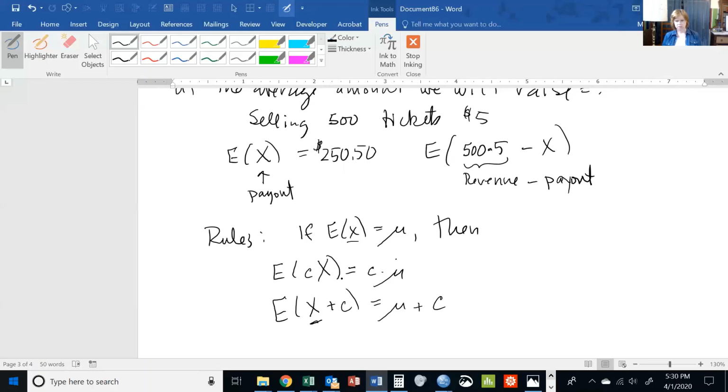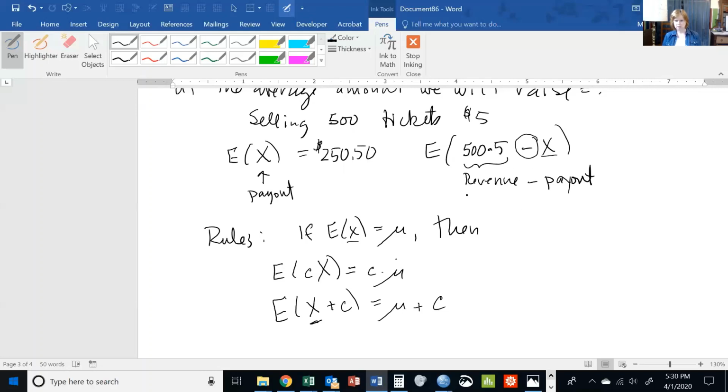So if I multiply by something, I multiply the mean by that constant, and if I add something, I add it. Here the coefficient of X is negative 1, though we don't usually write it.